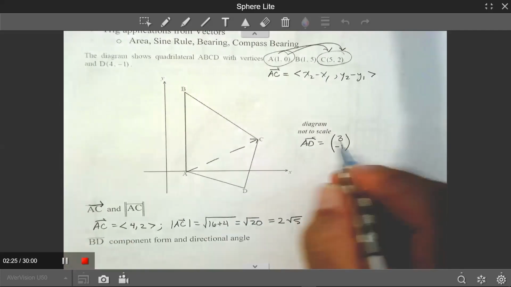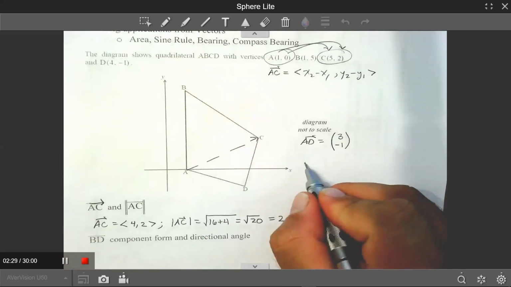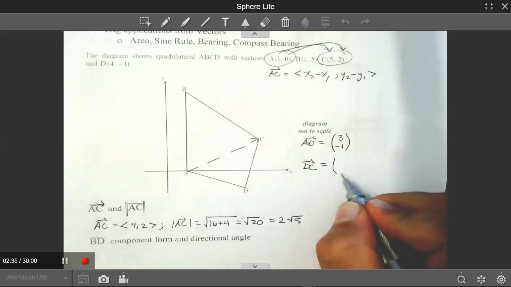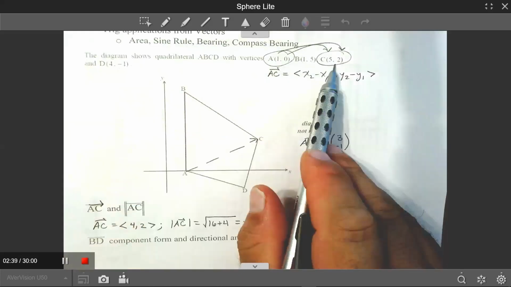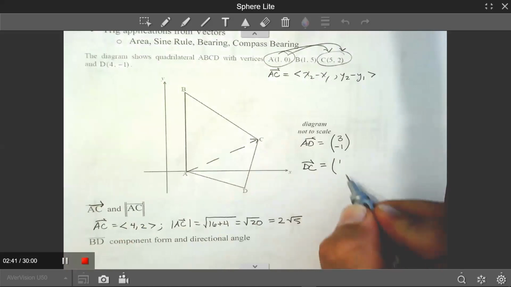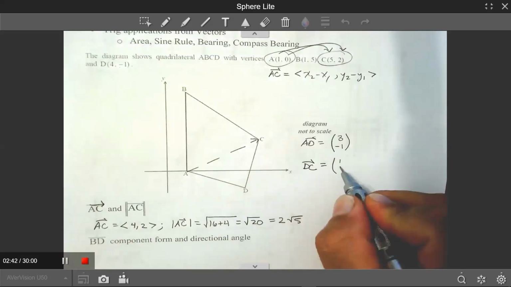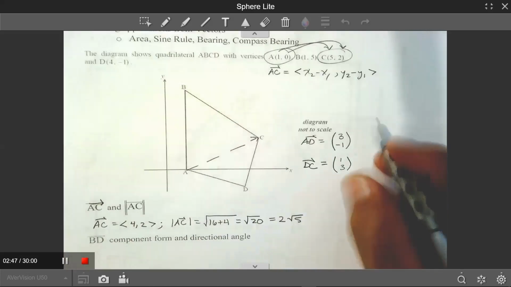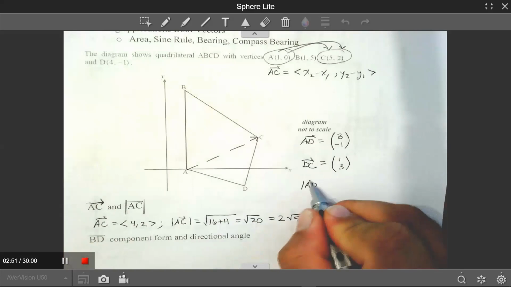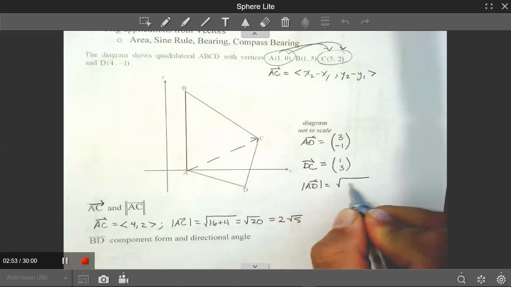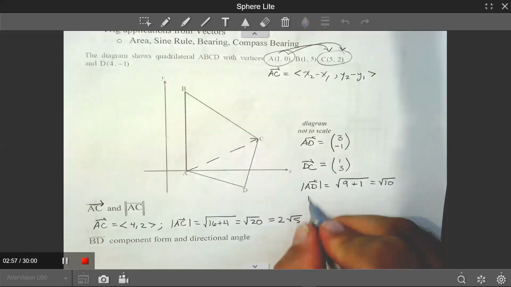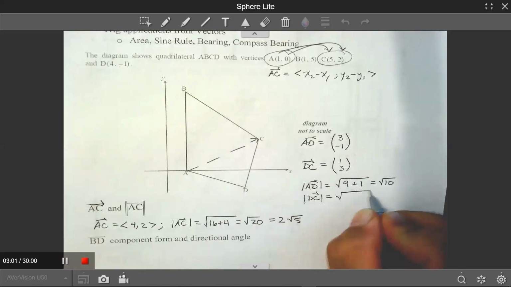For D to C, that's moving 1 in the positive x direction and 3 in the positive y direction. And of course, we could ask what the magnitude of A to D would be: Pythagorean theorem. And the magnitude of D to C: Pythagorean theorem.